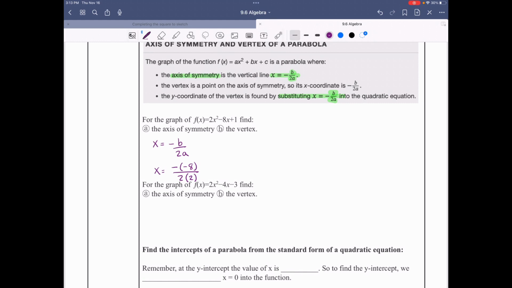That's from our a, which is 2, and our b, which is -8. So -b over 2a simplifies to 8 over 4, which is just 2. x equals 2.